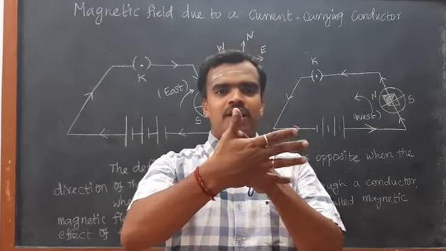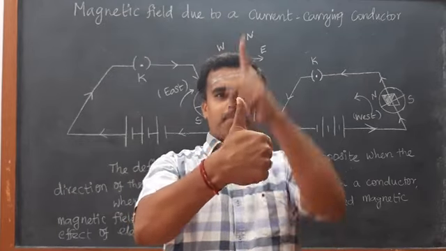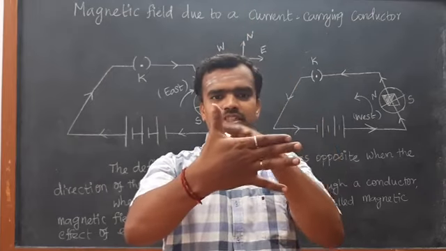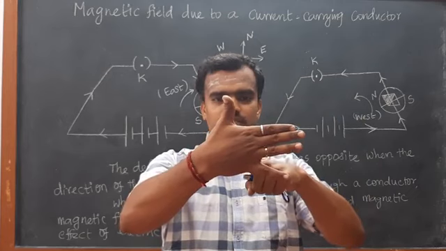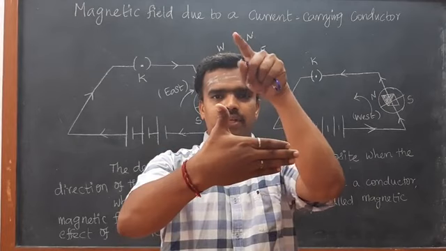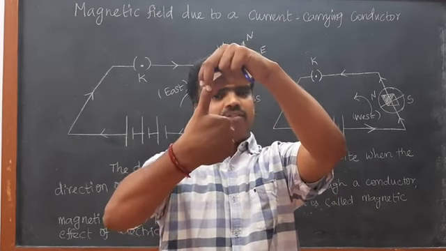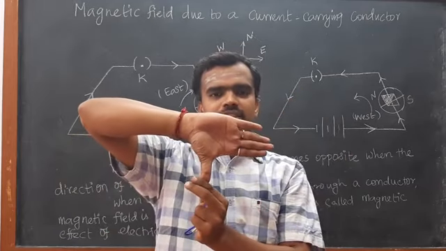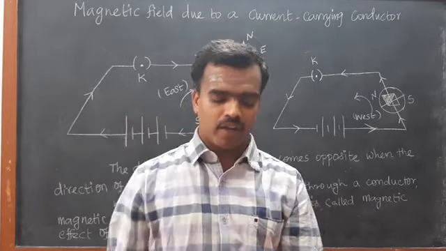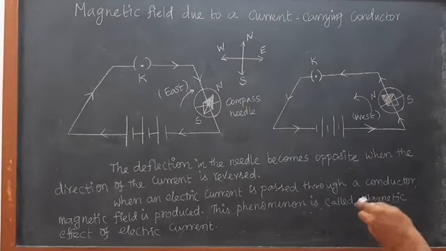If the thumb indicates the current direction going upward, the needle deflects in the west direction, taking this as north, this as south, east and west. Suppose the current goes downward, the deflection will be toward the east direction.